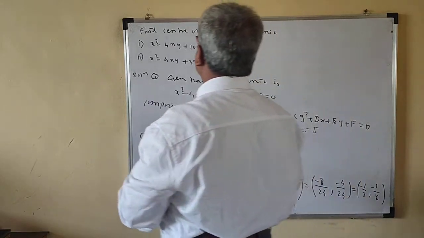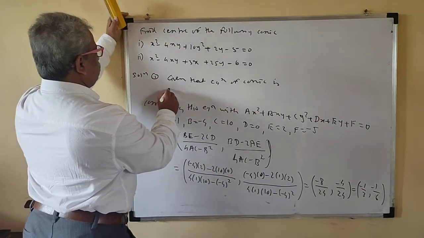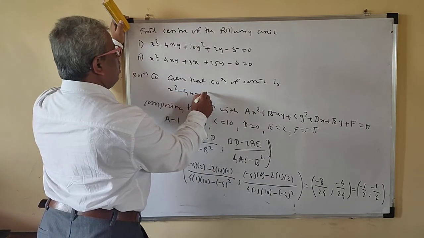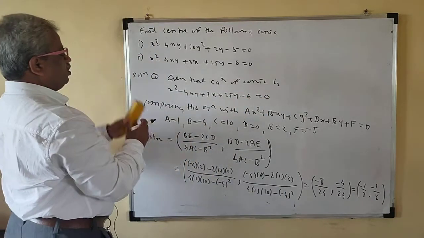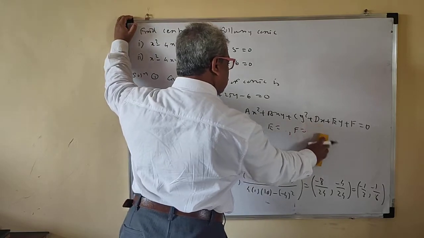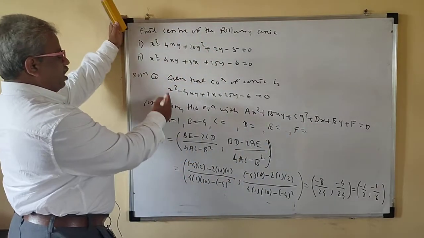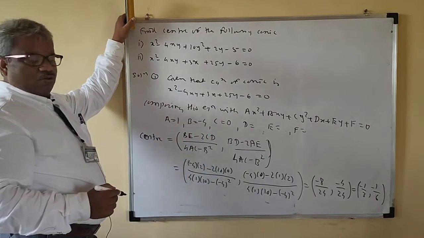Okay, so the next problem is what here? x square minus 4xy plus 3x plus 25y minus 6 is equal to 0. Compare this equation. So your A is 1, my B is minus 4, C is 0 because there is no y square.